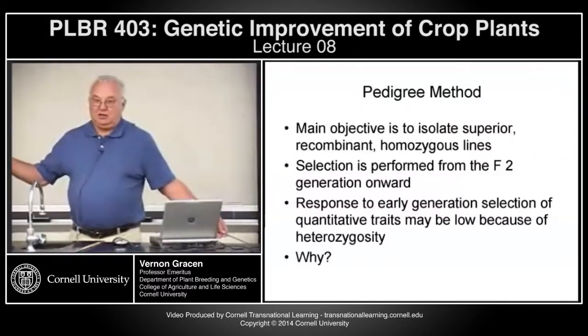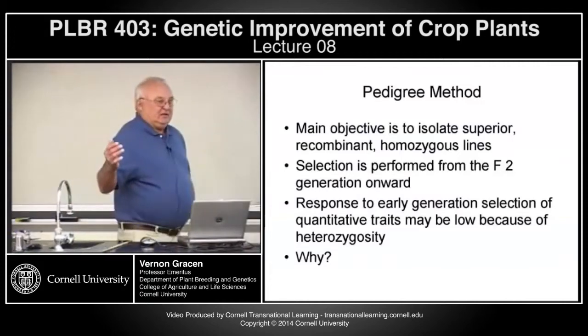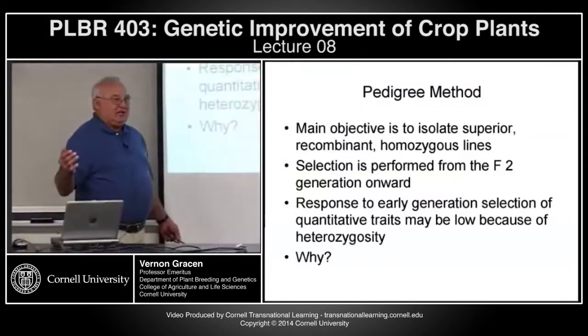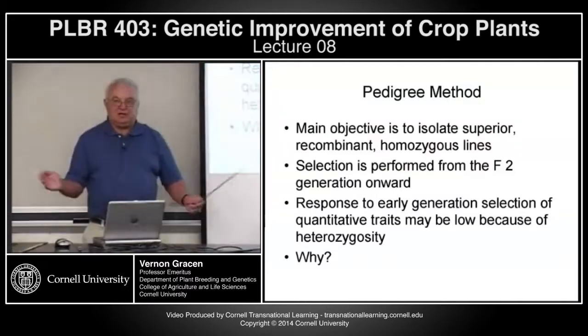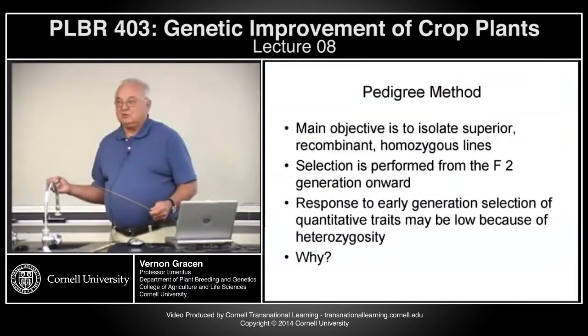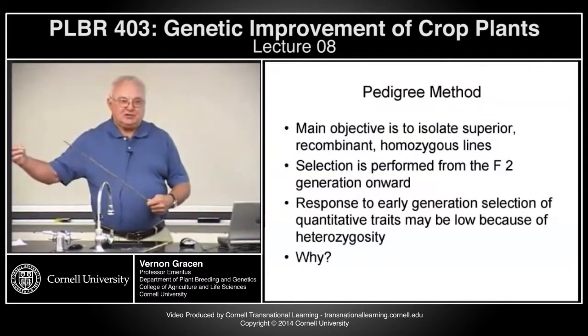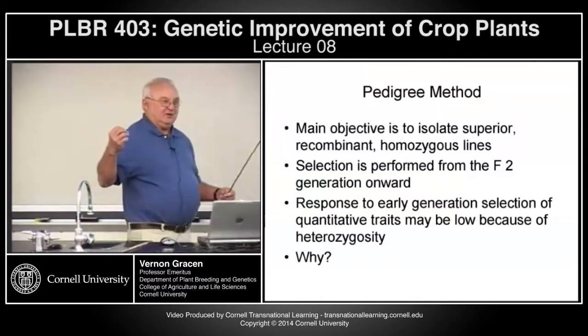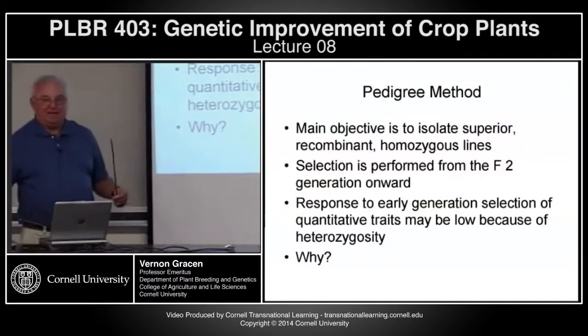Why? Why does heterozygosity interfere with your ability to select desirable alleles? It's kind of like a question on your exam. Why is additive genetic variance preferred over dominance?